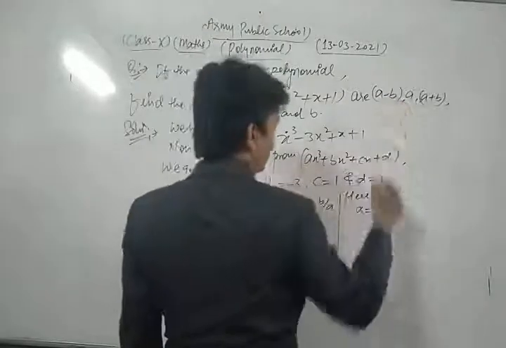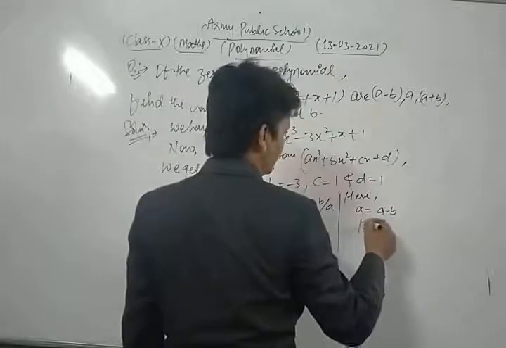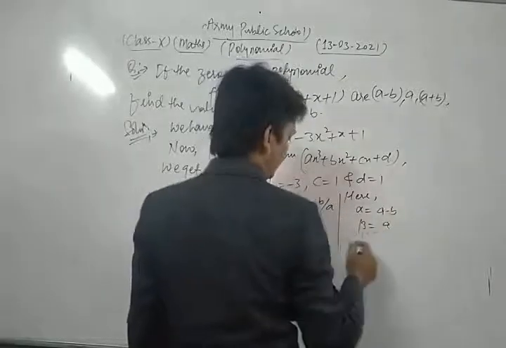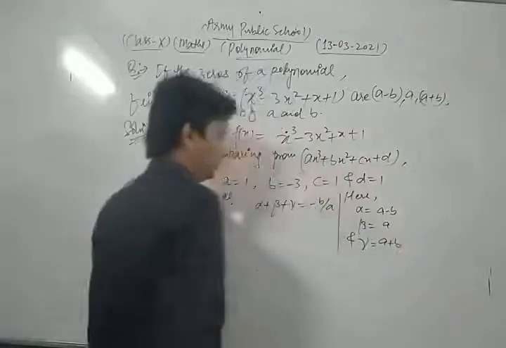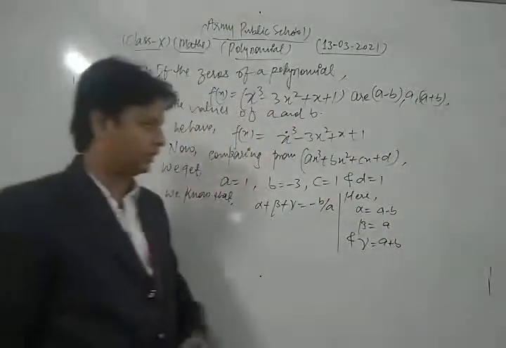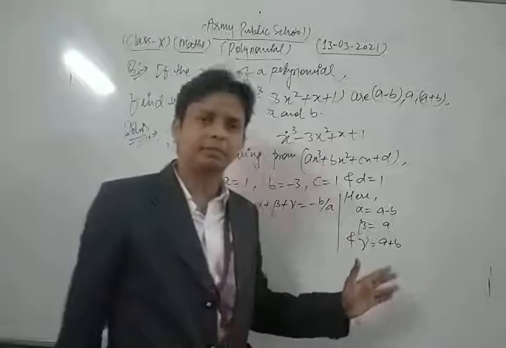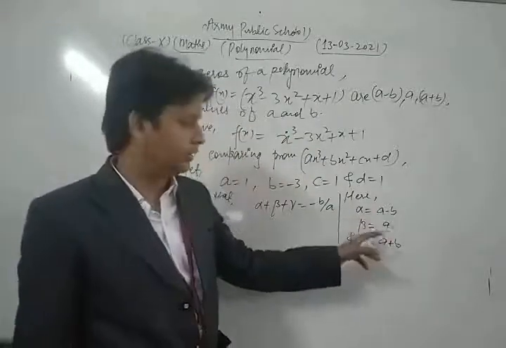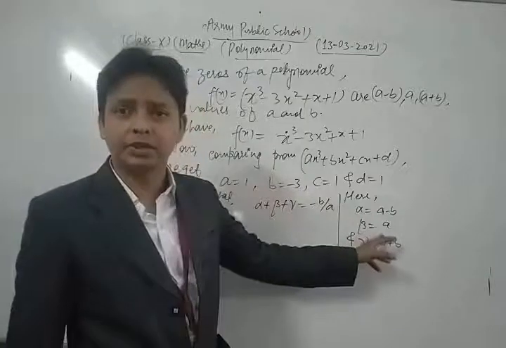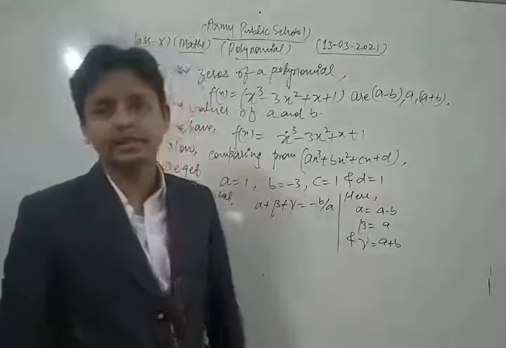In the question there are three zeros given: a minus b we take as alpha, beta we take as a, and gamma we take as a plus b.